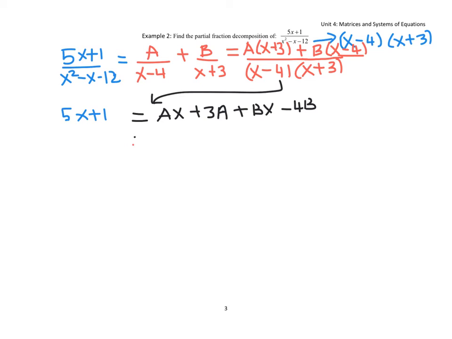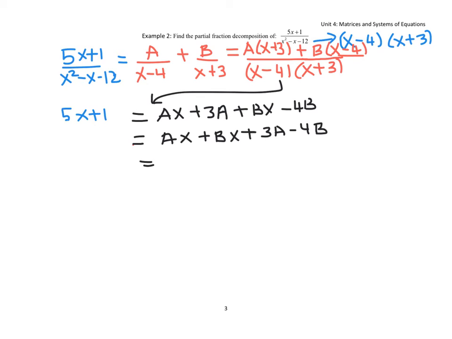In this step, I'm going to combine the like terms. Ax plus bx is a plus b times x, plus 3a minus 4b.